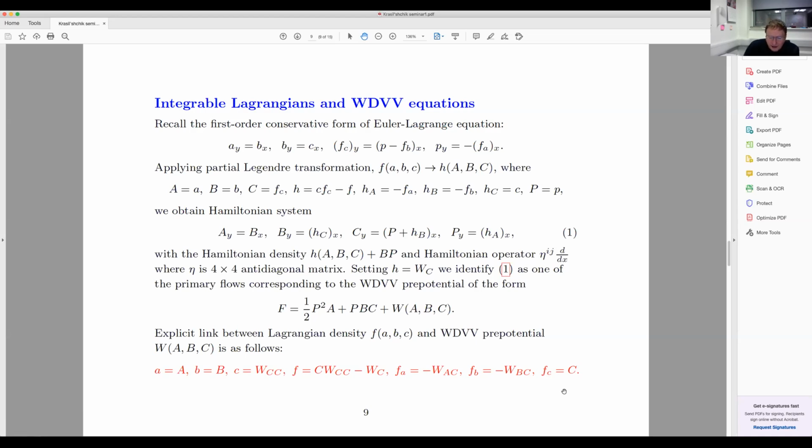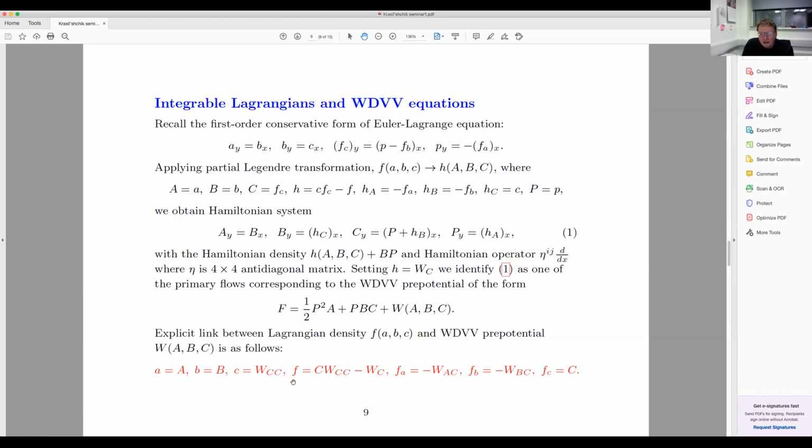I've shown quite a few changes of variables and formulas, but the only thing that is important to remember is this. If we have a Lagrangian density f of small a, b, and c, then we can reconstruct this prepotential W of capital ABC by these formulas. And vice versa. If we have a prepotential W of capital A, B, and C, I can reconstruct the Lagrangian density f of small abc. It's more or less one-to-one.